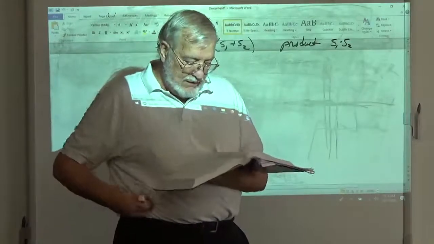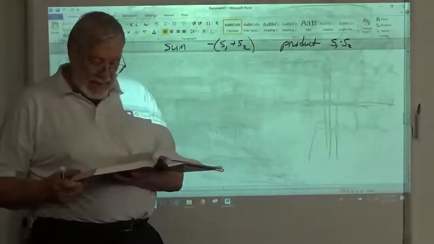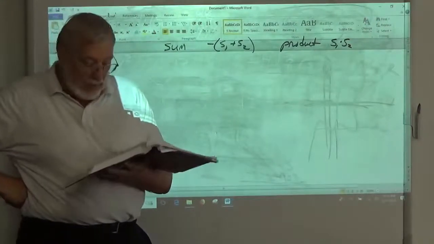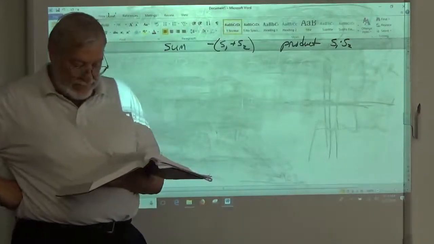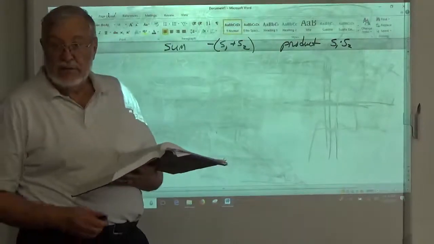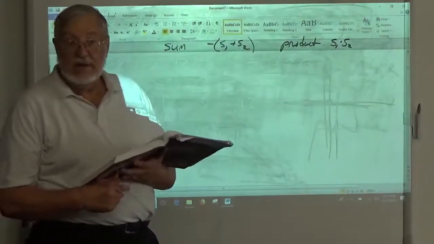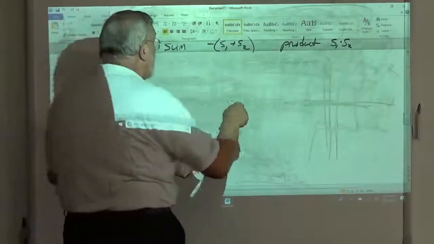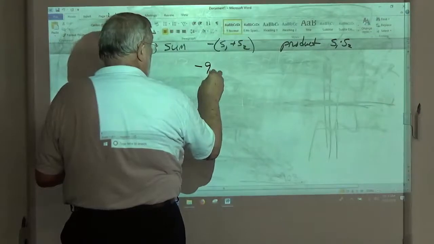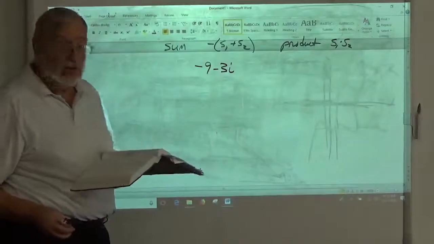Now we find that Z1 is 7 minus 8i, and that Z2 is 2 plus 11i. What happens when you add those two together? 7 plus 2 is 9, and then negative 8 plus 11 is positive 3. So if I take the opposite of that, it'll be minus 9 minus 3i. That's the middle term.